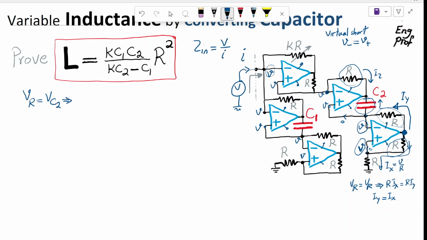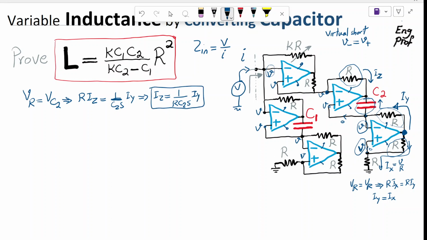And we are doing S-domain analysis, so I can say R IZ equal to 1 over C2 S, which is the impedance of the cap, times IY. So with the direction shown here exactly, I can say IZ is equal to 1 over R C2 S times IY. So let's keep that.